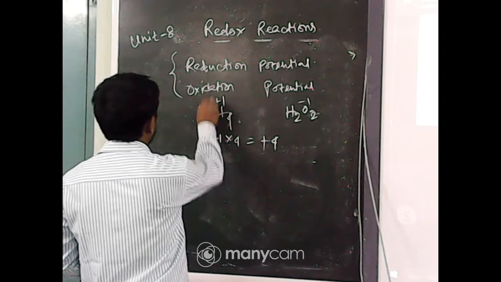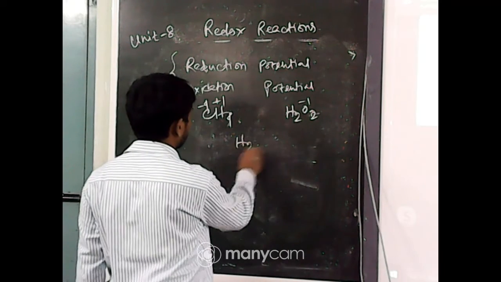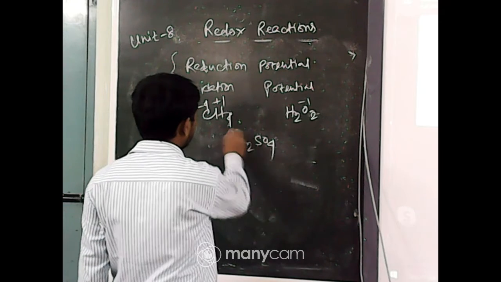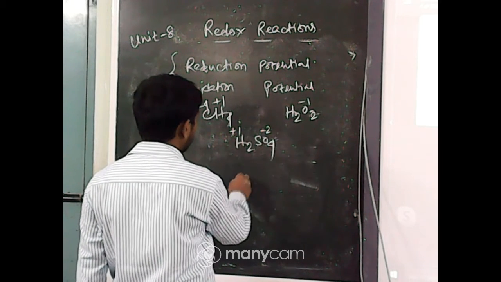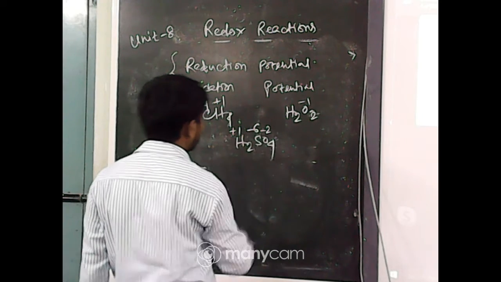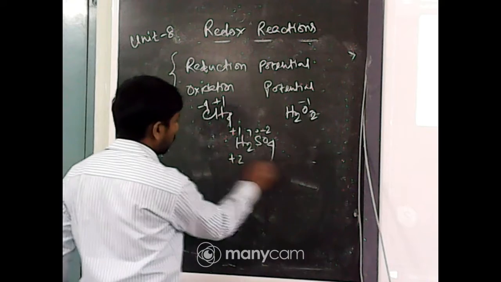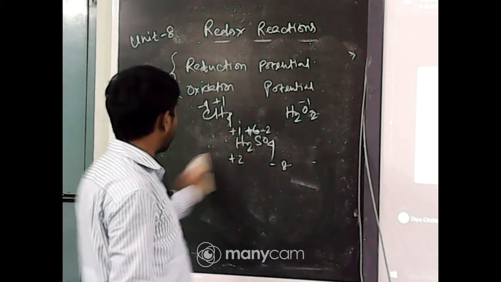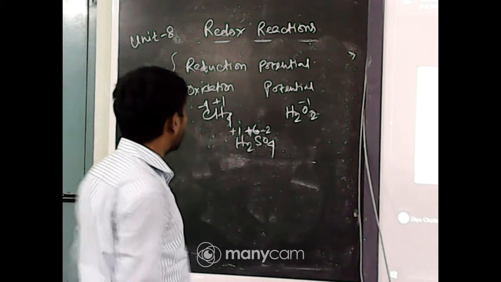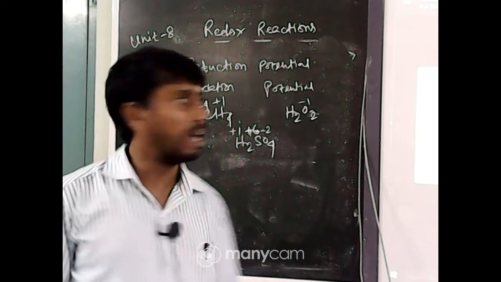So, carbon has -4 valency. In H2SO4, hydrogen +1 into 2, that is +2, oxygen -2 into 4, that is -8. So, the remaining sulfur is equal to +6, because +2 and -8 gives -6, so sulfur is +6. So, in this way, in a neutral molecule, the charges are balanced within the elements.